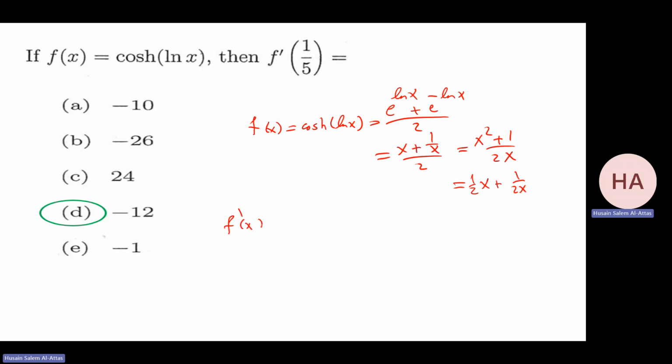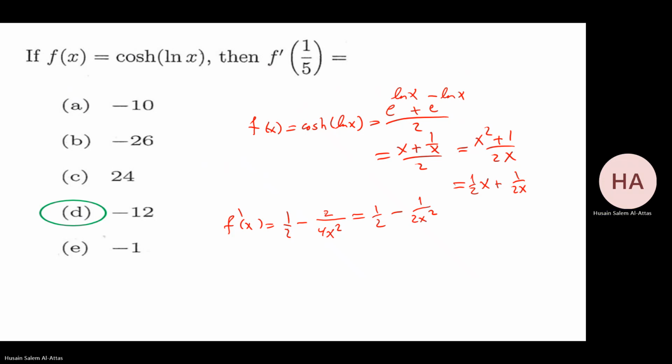So f prime would be half minus, this is what? 1 over 2x squared, which is half minus 1 over 2x squared.